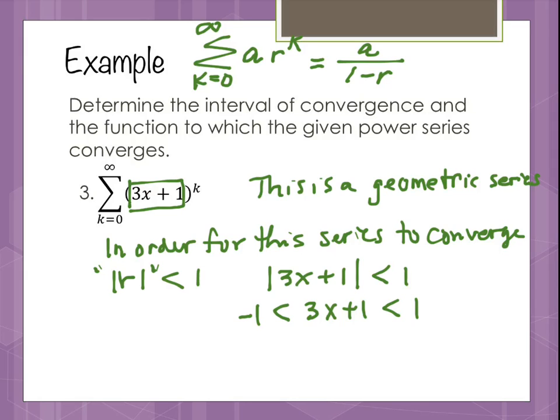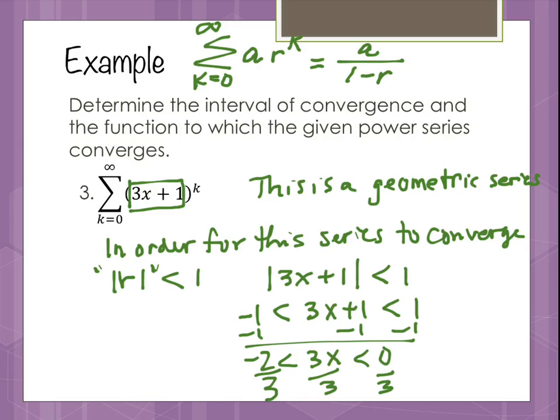I'm going to subtract the 1, right? So that I leave the 3x in the middle. And then divide by 3. So I end up finding that negative 1/3... 2/3, sorry, get the right number in there. Negative 2/3 is less than x is less than 0.